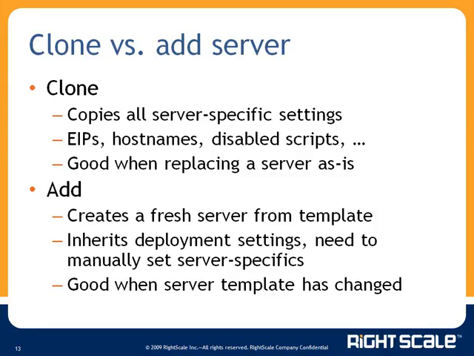If there are changes in the server template, maybe new input variables, things that are somewhat more different, then adding might be a smarter way to go, so you get a clean slate. You don't get anything that has been overwritten in the previous server from previous upgrades or updates. You get a completely clean slate with just the definitions in the deployment, and everything server-specific is undefined and you can now fill it in from scratch.